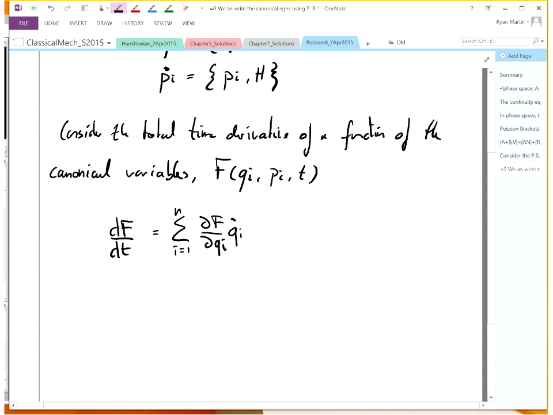So it's ∂F by ∂qi times dqi by dt, which is qi dot, plus F also depends on the pi, so it's ∂F by ∂pi, pi dot. And then in principle, F could depend on time, so I have a ∂F by ∂t from the chain rule.